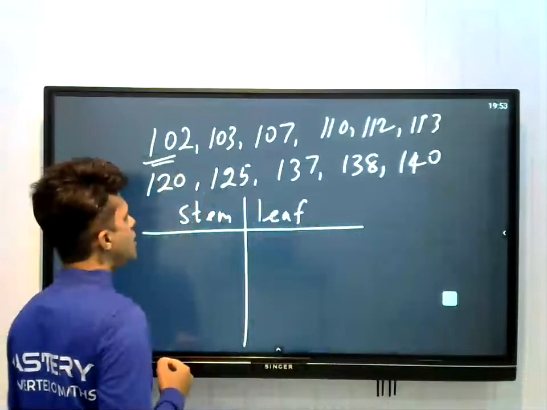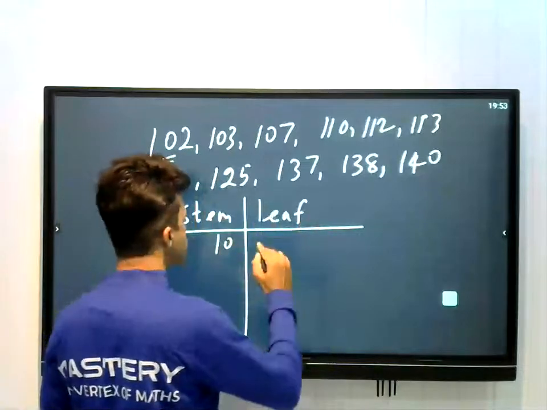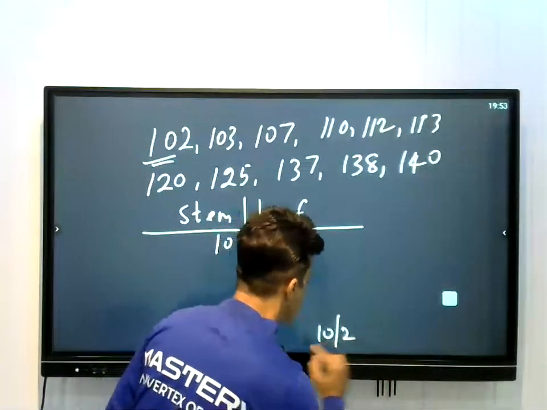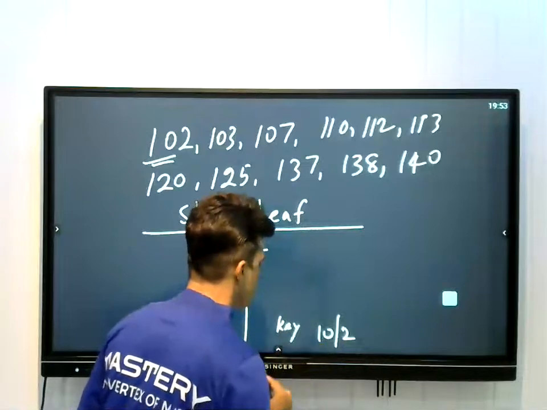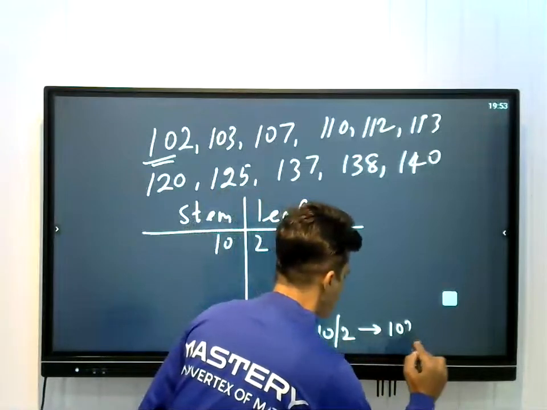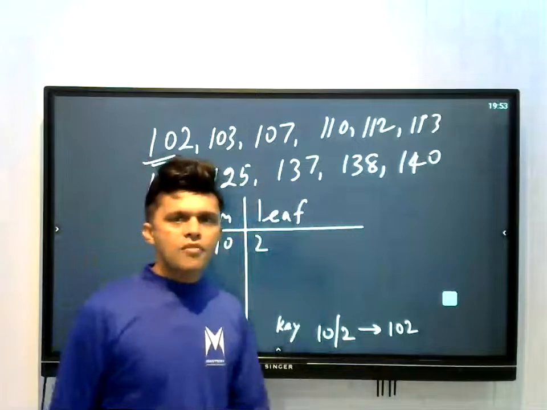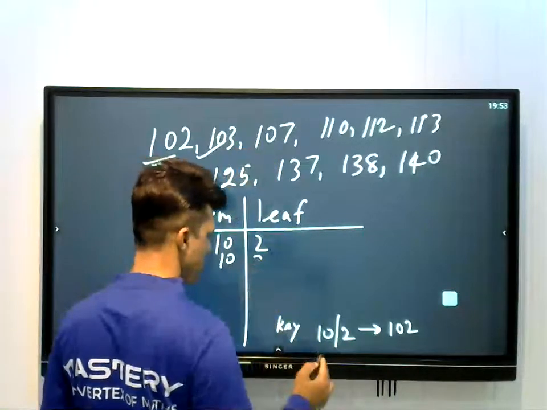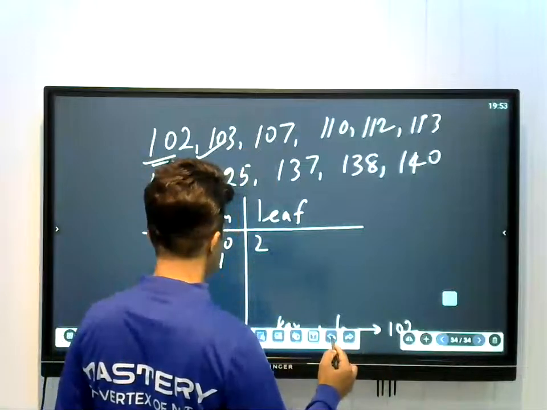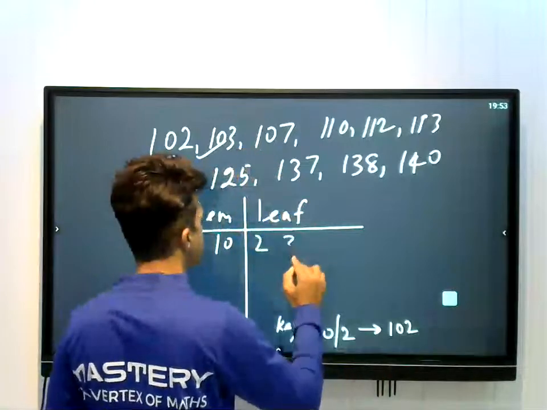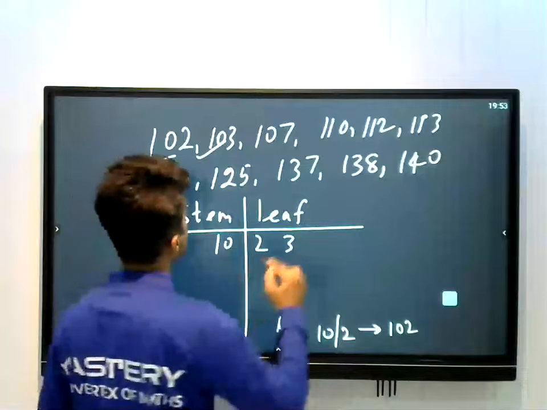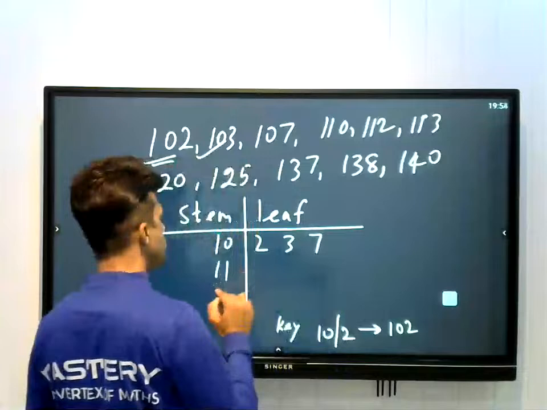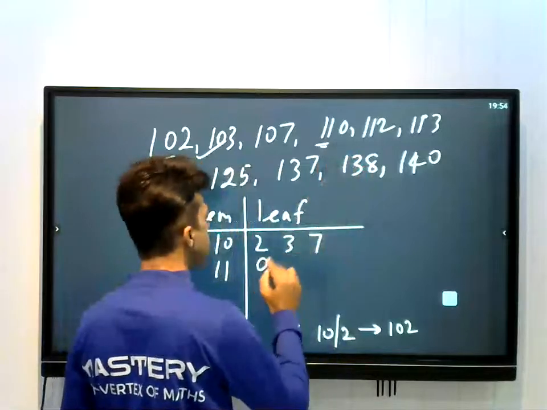This started from 10. So 102 means 102. I will write the key here. Then it started from 10, so 103, 107. 110 started from 11, so 110.